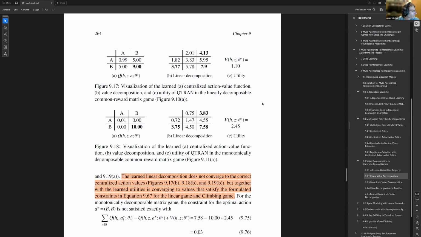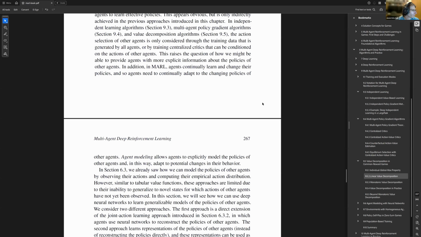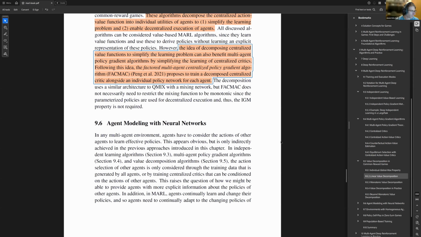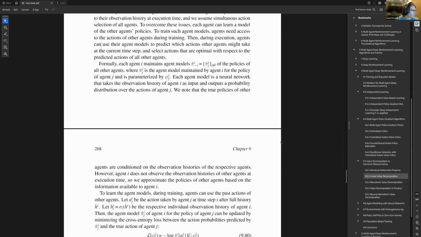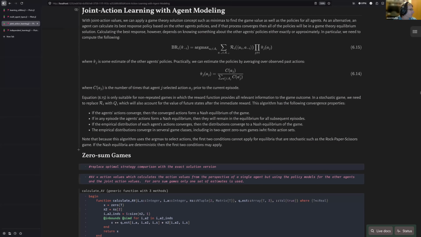So there's some interesting things with the gradients and QMIX, but otherwise we'll move on to 9.6, which deals with agent modeling. And yeah, joint. So this basically is the deep learning equivalent of this, right? Where we already did joint action learning with agent modeling in the tabular case.